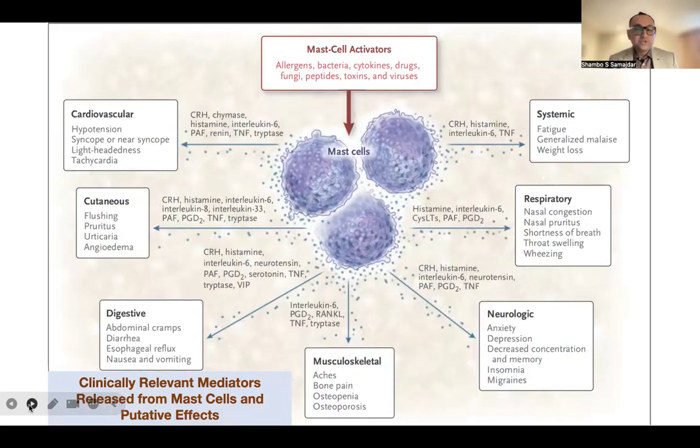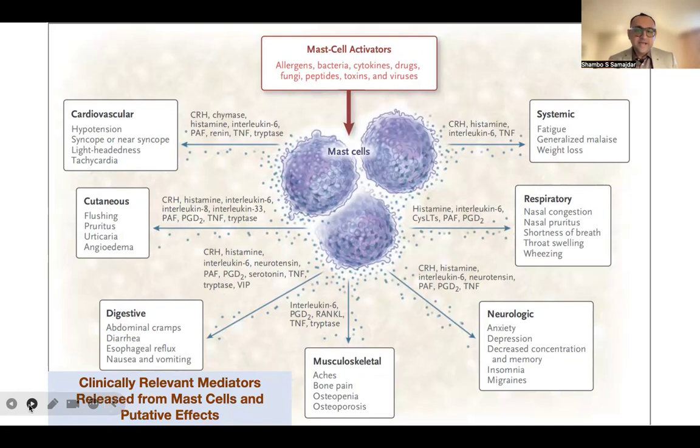This is a beautiful picture taken from an article published in NEJM. The mast cell activators range from allergens to different types of viruses, lots of drugs, and fungi.